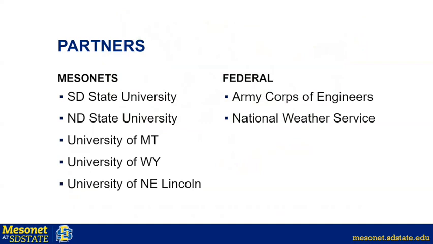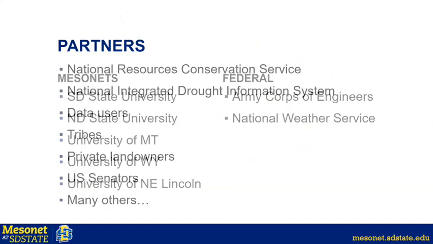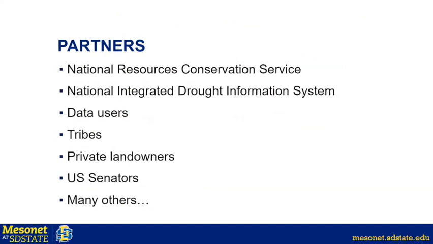The big federal partners involved are the Army Corps of Engineers and the National Weather Service. And then we've got a ton of other partners too, like NRCS, which is doing soil sampling for us and lab work on that from each of the sites. NIDIS is doing the data value study and the mapping project.